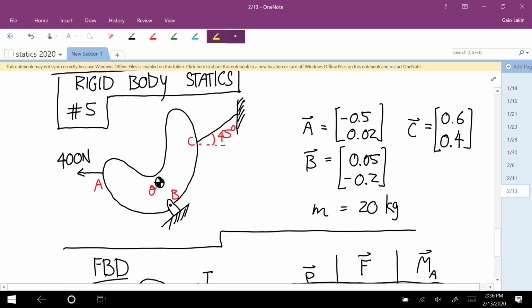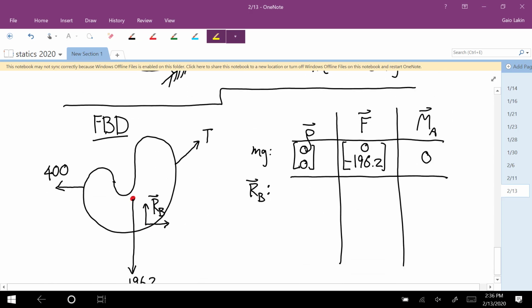Okay, so B, that means the rho vector is positive 0.05, negative 0.2. And the force is RBX, RBY.